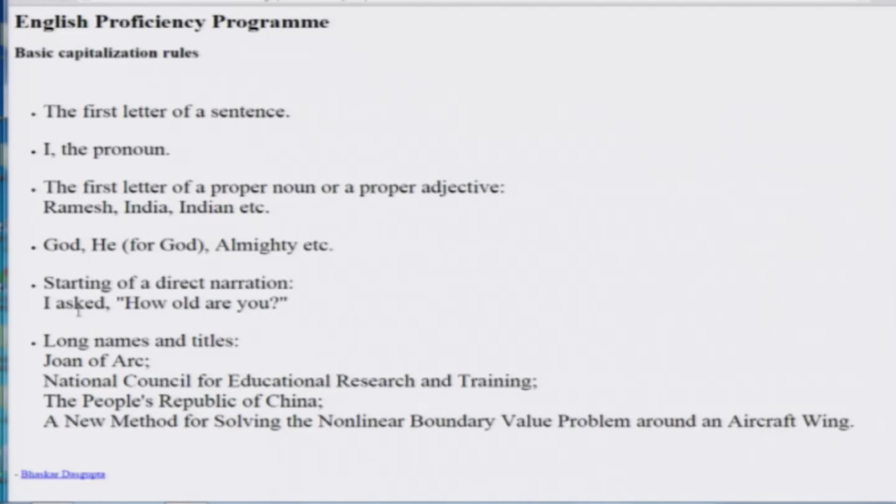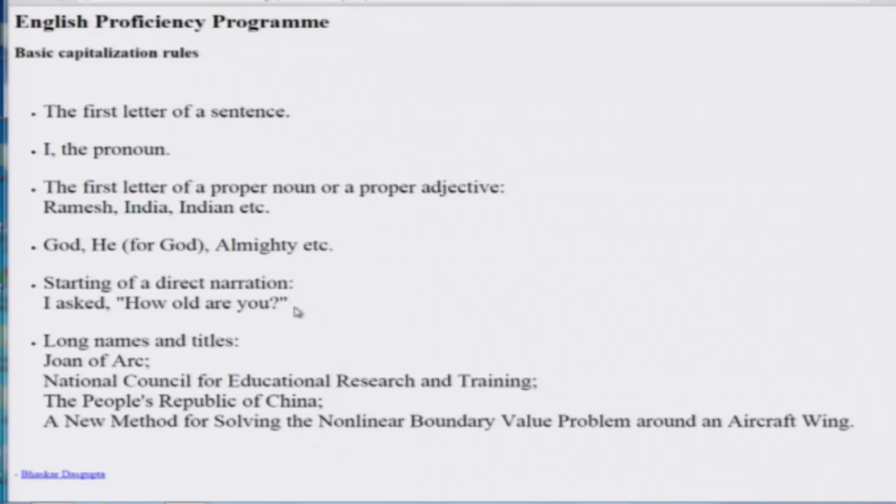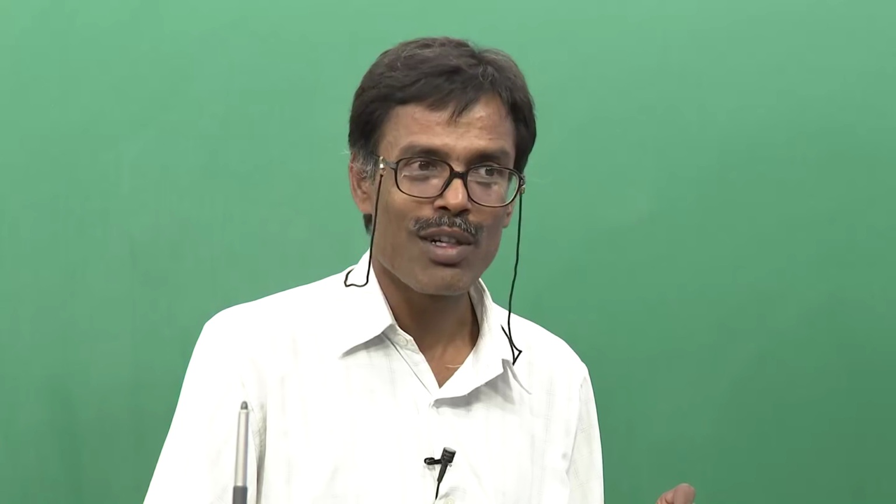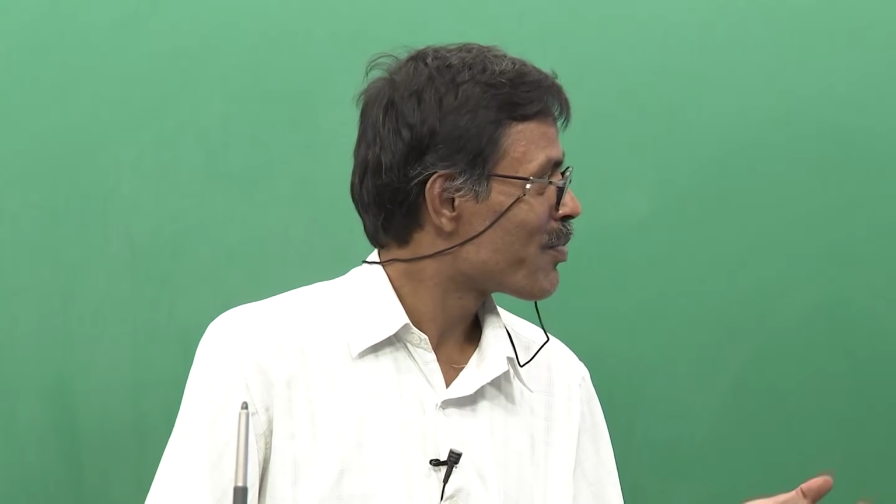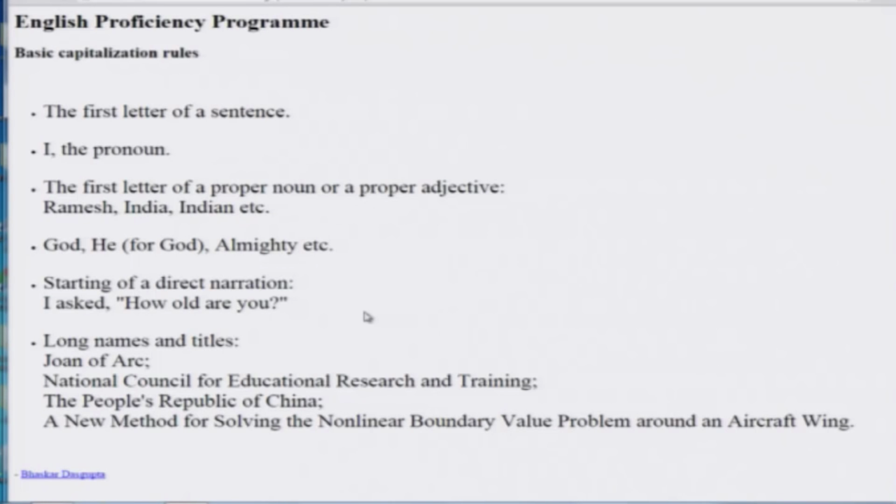Okay, I asked something, at the end of it a full stop should be there logically, but that never comes. Okay, so this marks the end of the sentence. If the sentence continues, then it can continue. For example, I asked how old are you when I saw him or her, whatever. Okay, so then the sentence continues with a small letter.